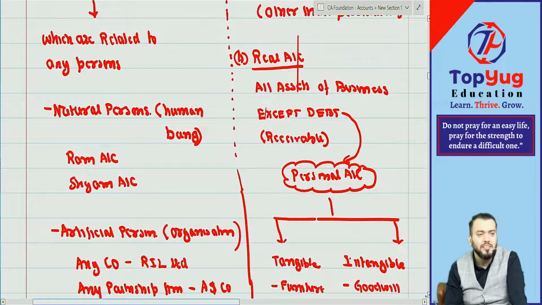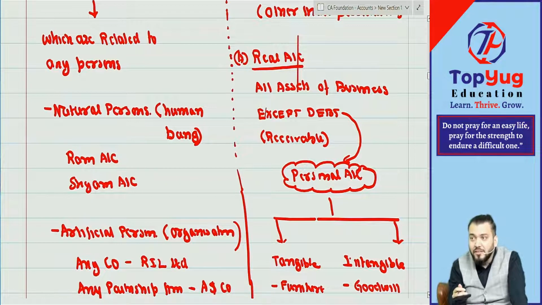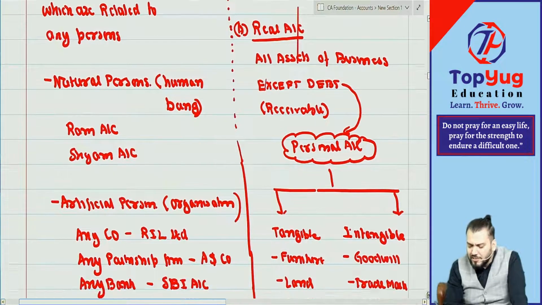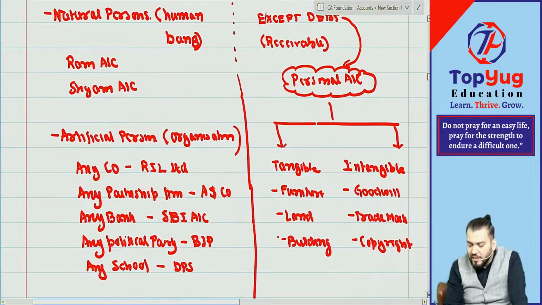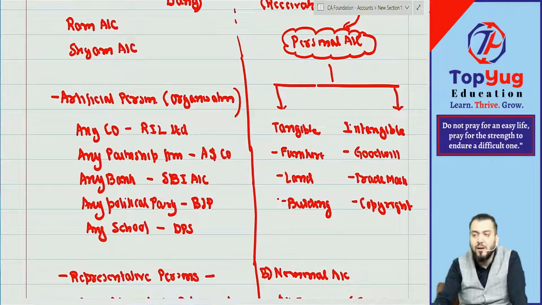When we open a customer account, the customer account represents all customers. Similarly, if I open a capital account, the capital account represents the owner of the company. So sometimes we require representative personal accounts to simplify our accounting.